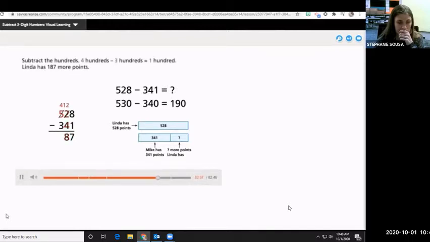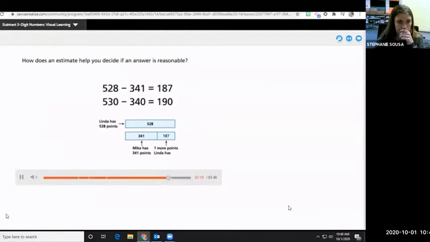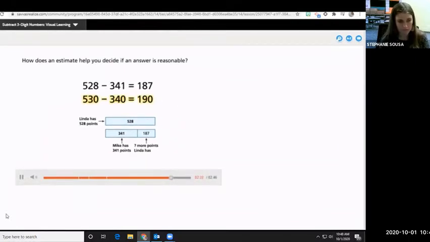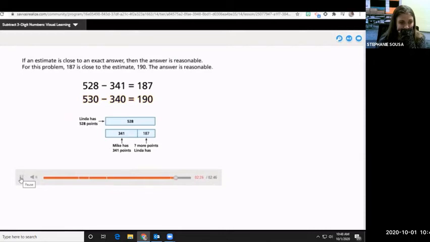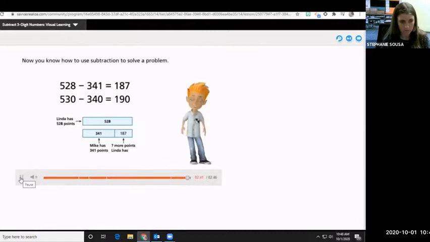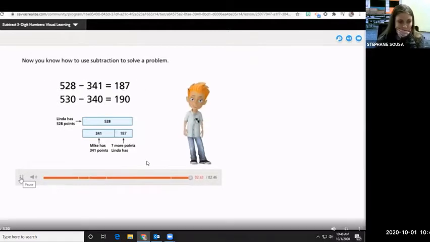Subtract the hundreds. 4 hundreds minus 3 hundreds equals 1 hundred. Linda has 187 more points. How does an estimate help you decide if an answer is reasonable? If an estimate is close to an exact answer, then the answer is reasonable. For this problem, 187 is close to the estimate 190. The answer is reasonable. Now you know how to use subtraction to solve a problem.